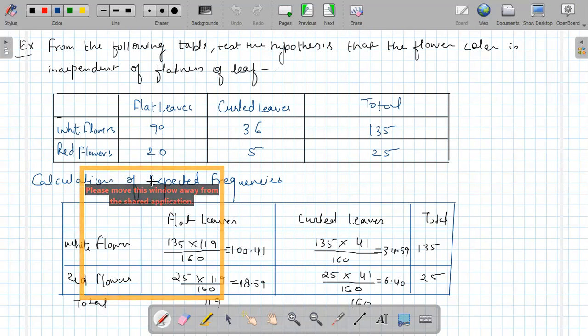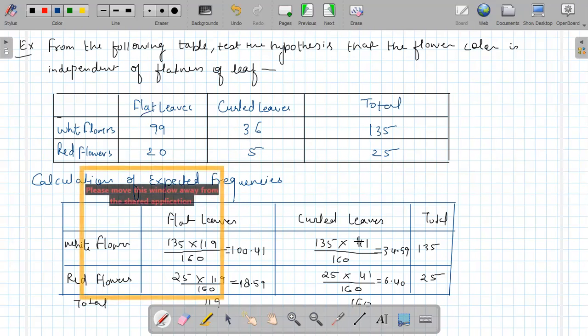We have to find out whether the color of flower is independent of flatness of leaf or not. So we take the null hypothesis that these two are independent of each other. Under this null hypothesis, we calculate the expected frequencies. The expected value at this point is the row total, which is 135, and the column total is 119, divided by the total number of entries in this table, which is 160.